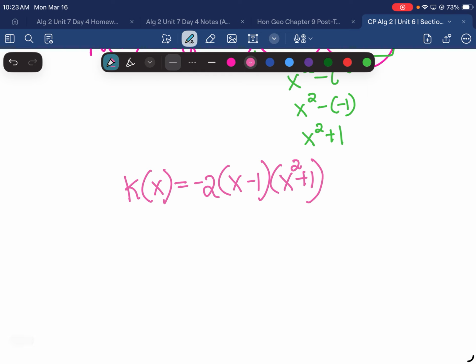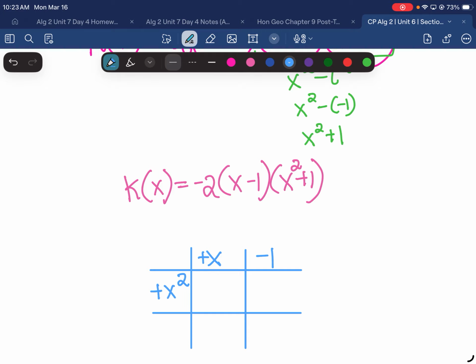You can do foiling or you can do the rectangle. When it's x times 1, you can just put x, right?